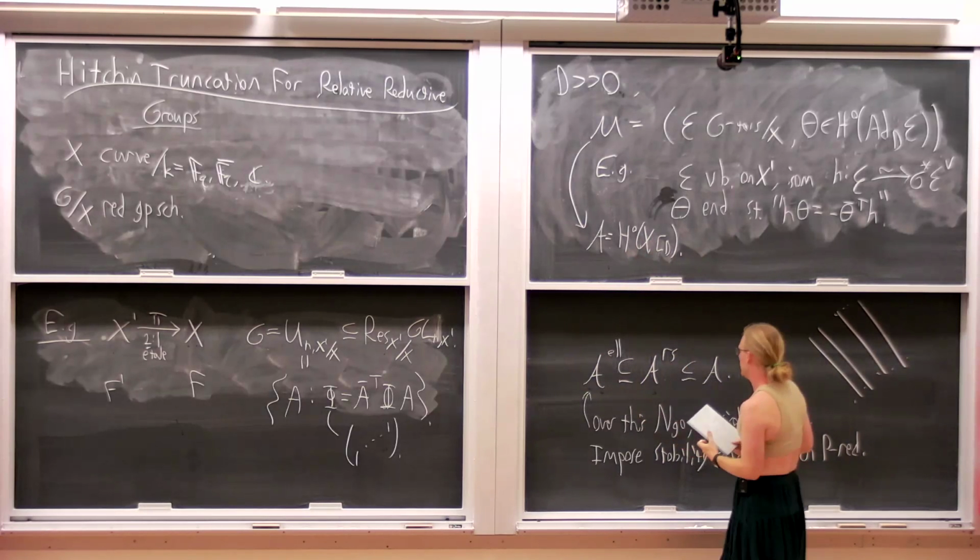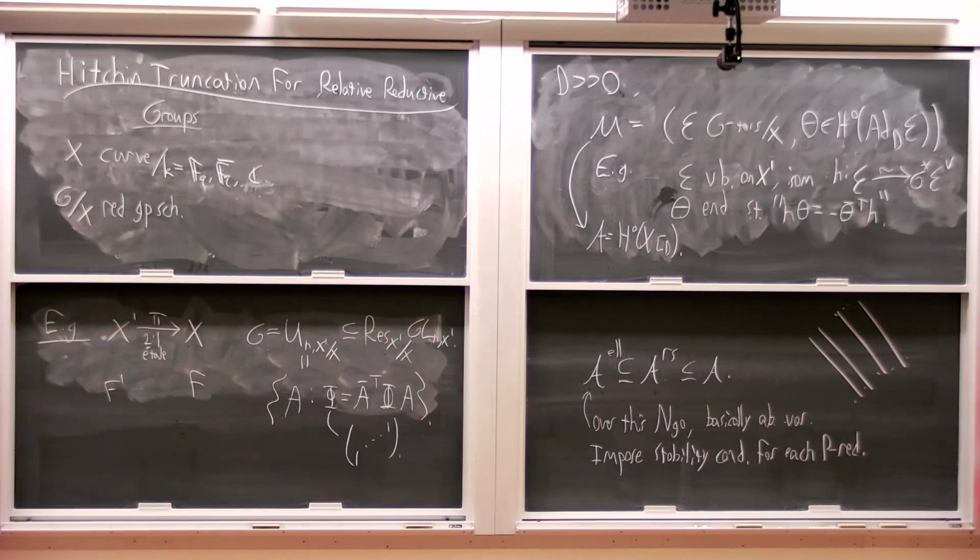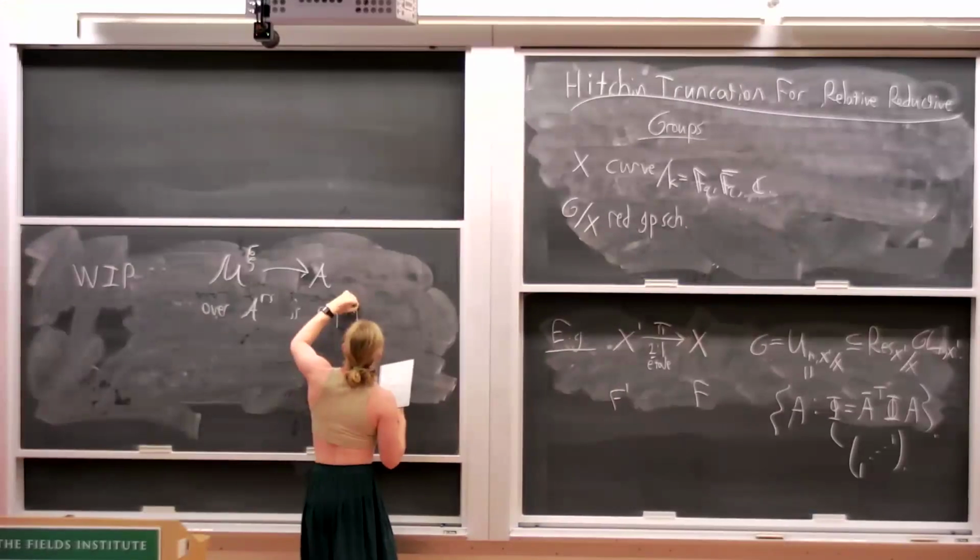In particular, the goal, and maybe I'll say it as a work in progress, is that in this generality, if we perform this truncation, we get something defined over the whole Hitchin base, but over what I'll call the generically regular semisimple locus is a proper Deligne-Mumford stack.